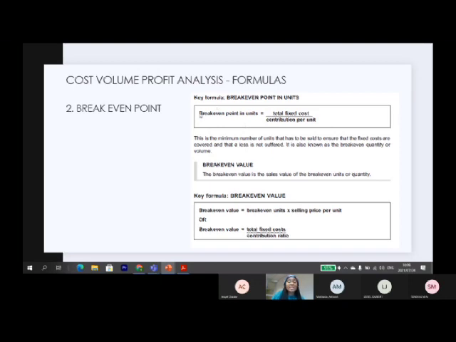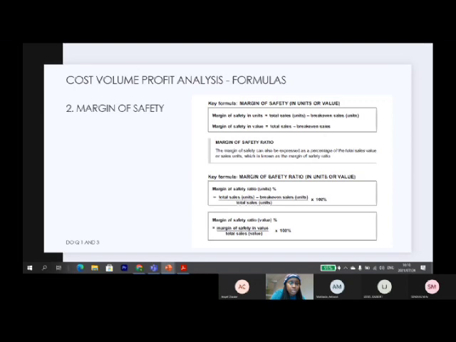Sometimes they say break-even value. If it's value, you use this formula: break-even units multiplied by my selling price per unit, or total fixed cost over contribution ratio, not per unit. I think it's pretty much straightforward.